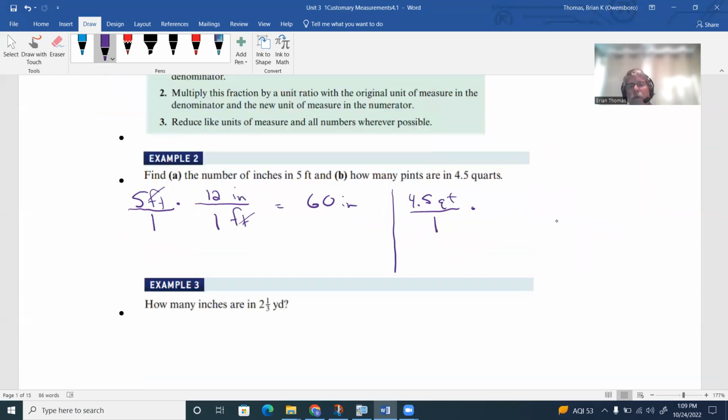So notice that when I might write my unit ratio, what I'm starting with, the quarts has got to be the denominator of my second fraction or my unit ratio, which means the pint's got to be in the top. So remember, there were 2 pints per 1 quart. And notice the key is the quarts are going to divide out. So this becomes then 4.5 times 2, which would be 9. 1 times 1 is 1. And if 1's in the denominator, we don't have to write it. So this becomes then 9 pints.